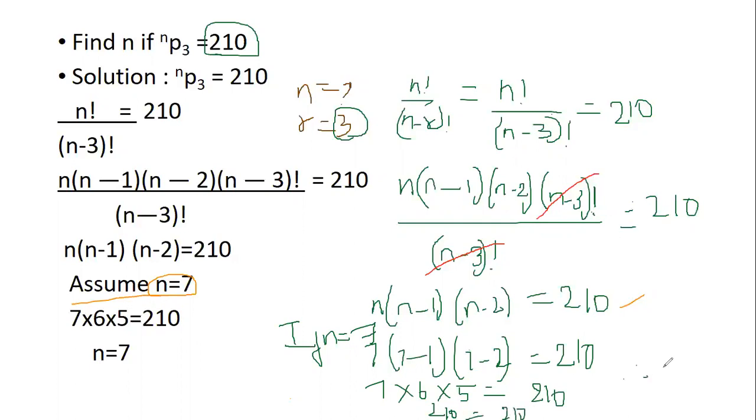Therefore, n is equal to 7. This is how we get the answer for n. Understood? Everybody understood?